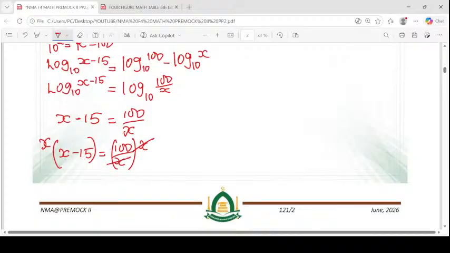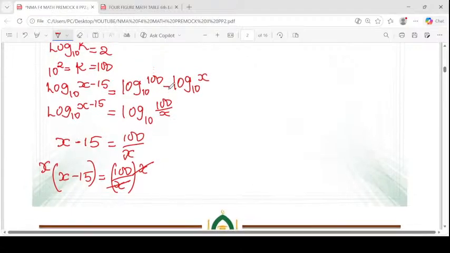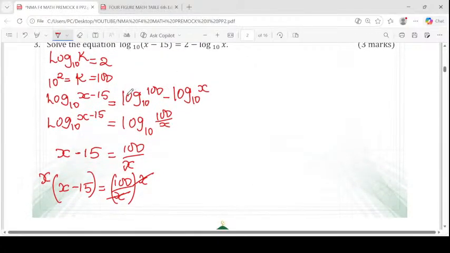This and this cancel out. Make sure you are following this keenly. So this will become x times x, which is x squared. X times negative 15 is minus 15x, which should be equivalent to 100.